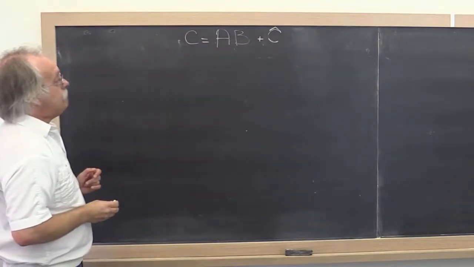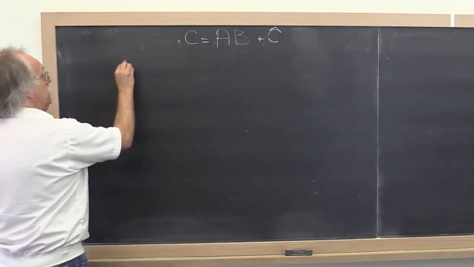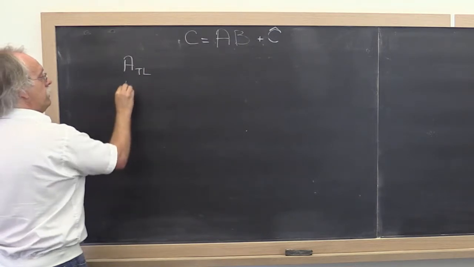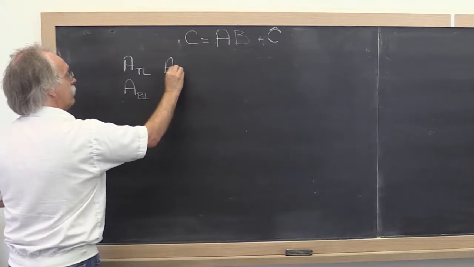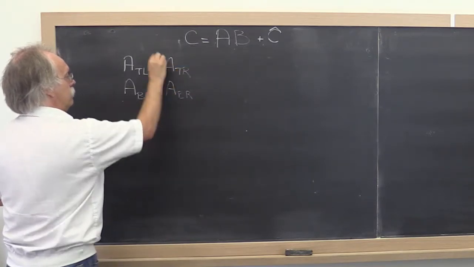And now what? Well, let's partition matrix A. And how did we partition this when it was symmetric? Into a top left, a bottom left, a top right, and a bottom right, like that.